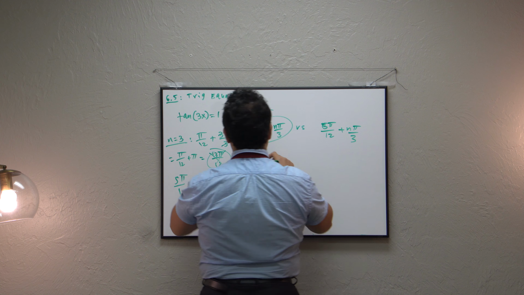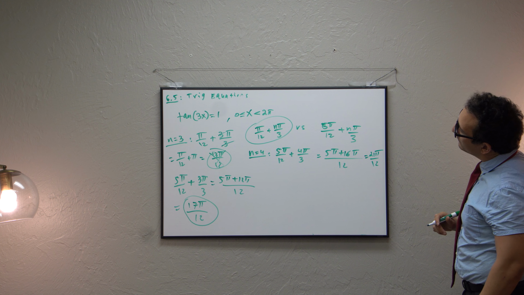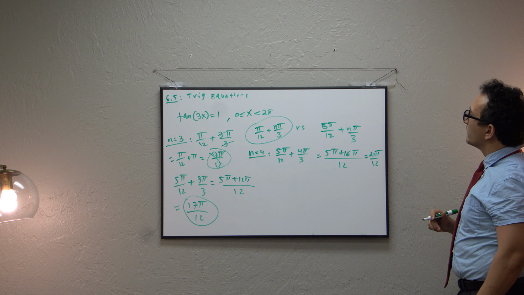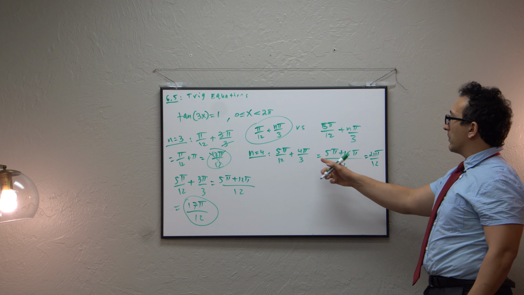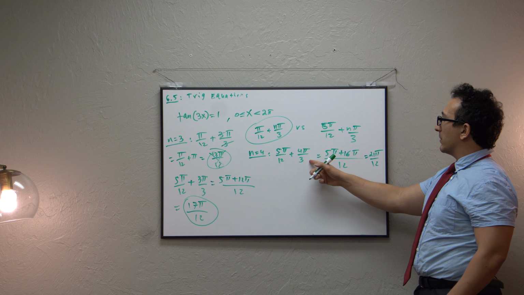So then this becomes 21 pi all over 12. Okay, so multiplying top and bottom here by 4, that's what got me this 12, and that's what got me that 16. We add them together and I get 21 pi over 12. Notice that this is a valid answer because, again, it still has not exceeded 2 pi.